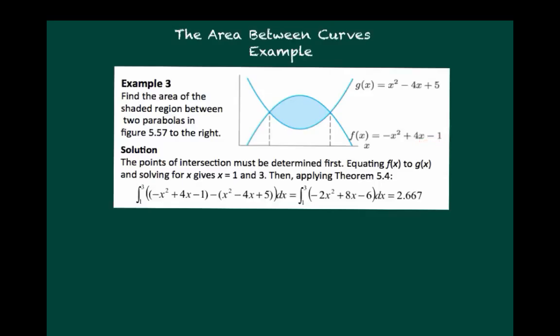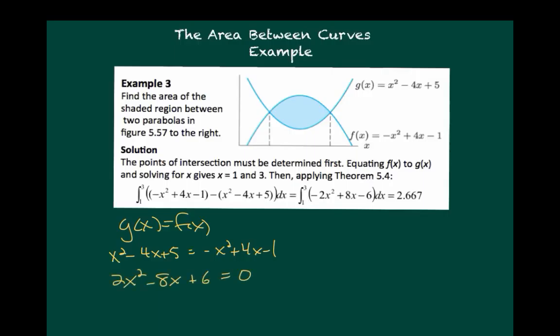So we want to find this shaded region, and the calculus is going to help us to do that. But the first thing we need to do is learn what are these functions, what are these limits a and b. And in order to do that, we just have to set g of x equal to f of x. When I plug in the two expressions for the functions, I just have to get all the x's to one side and set it equal to 0.